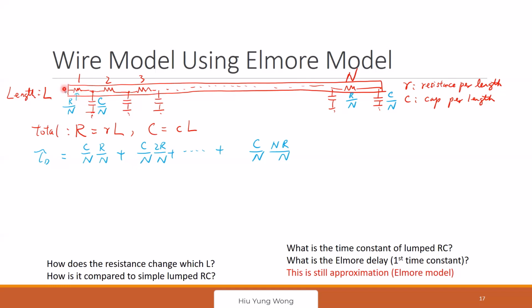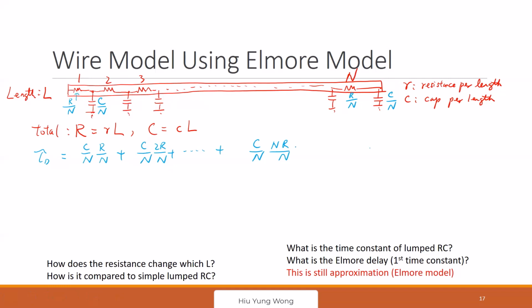One is from here to the destination that we want to calculate. Another is from here to the second capacitor. So they share two resistors, right? That's why 2R divided by N. Thanks for the question. Then for the third one, it becomes 3.